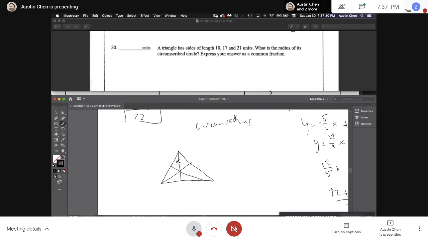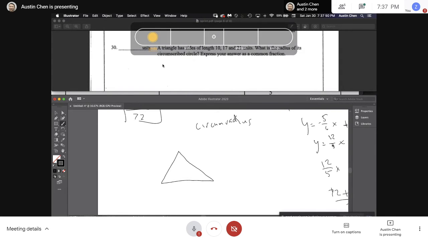The angle bisectors are lines separating an angle into halves, and the angle bisectors of a triangle intersect to meet at the incenter, and the incenter is also the center of the circle that is inscribed within the triangle.